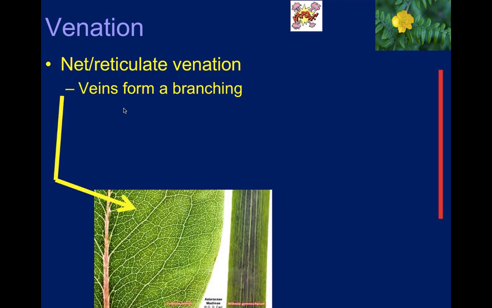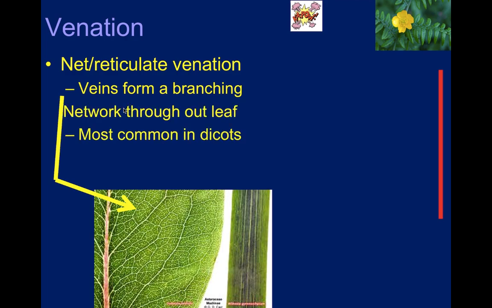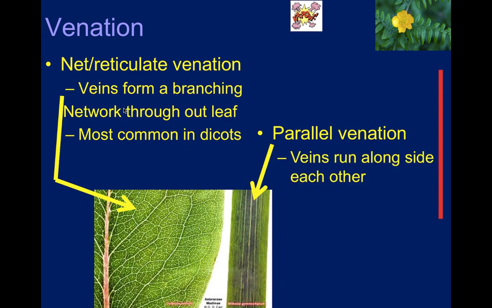So here in a net venation, your veins form a branching network all over your leaf, and this is a trait of dicots. Whereas over here you have what is called parallel venation, so the veins run alongside each other, and this is what you find in monocots. So grasses, daffodils, cereals, these are all monocots, all have parallel venation.